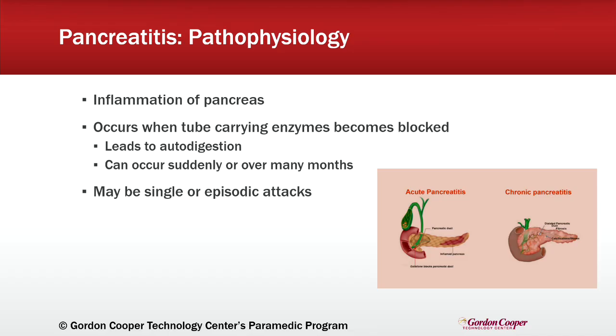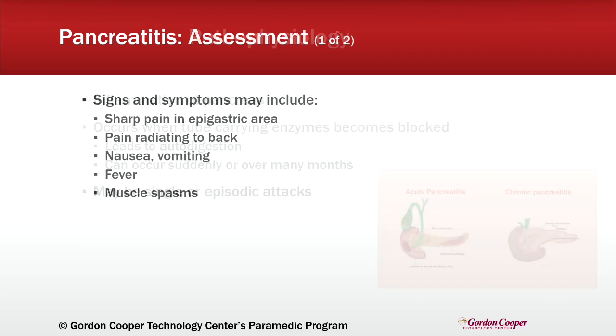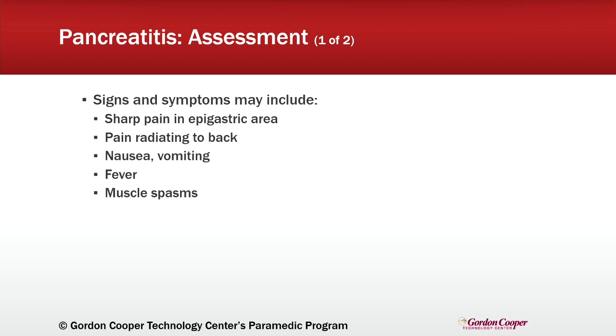The causes can include things like heavy alcohol use, maybe the presence of gallstones, could be reaction to some medicines, traumas, cancers, or even high triglyceride levels. All those fats being released.